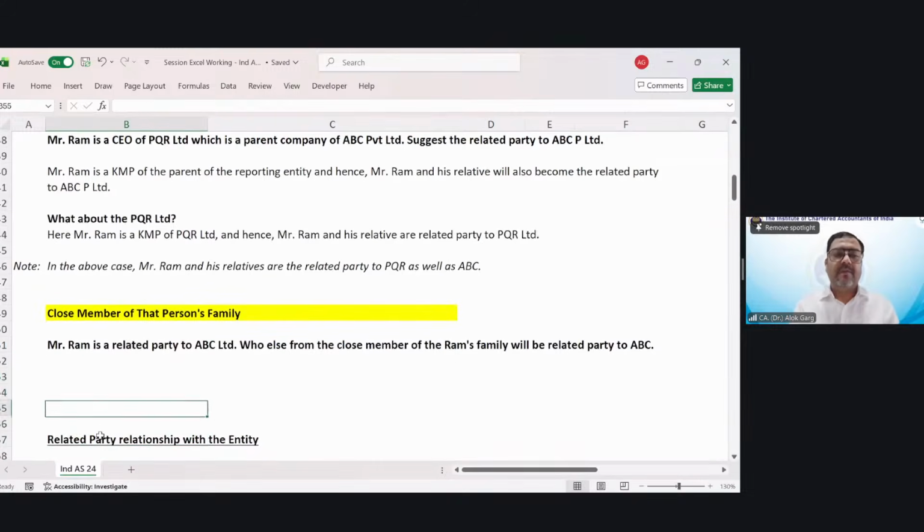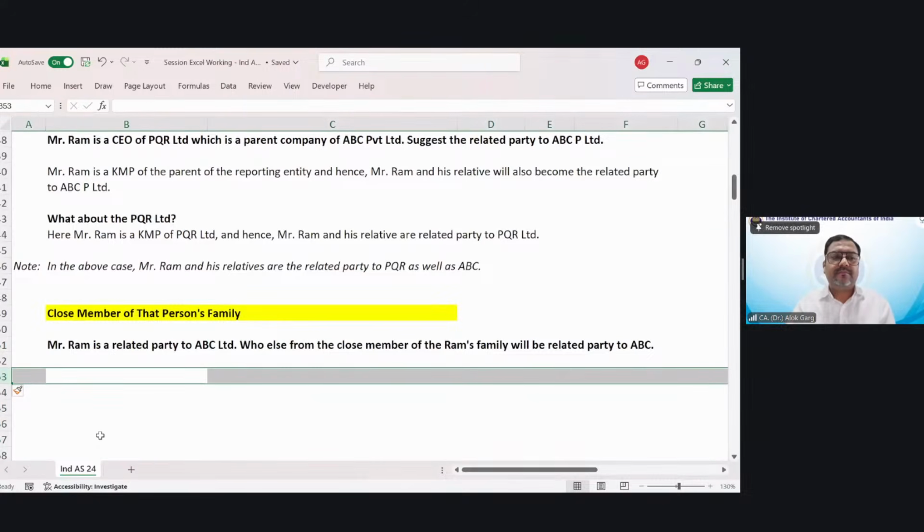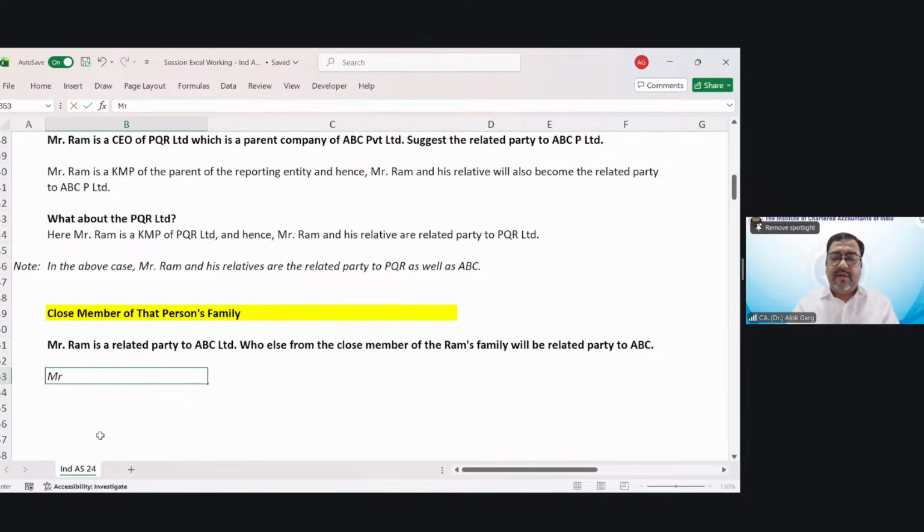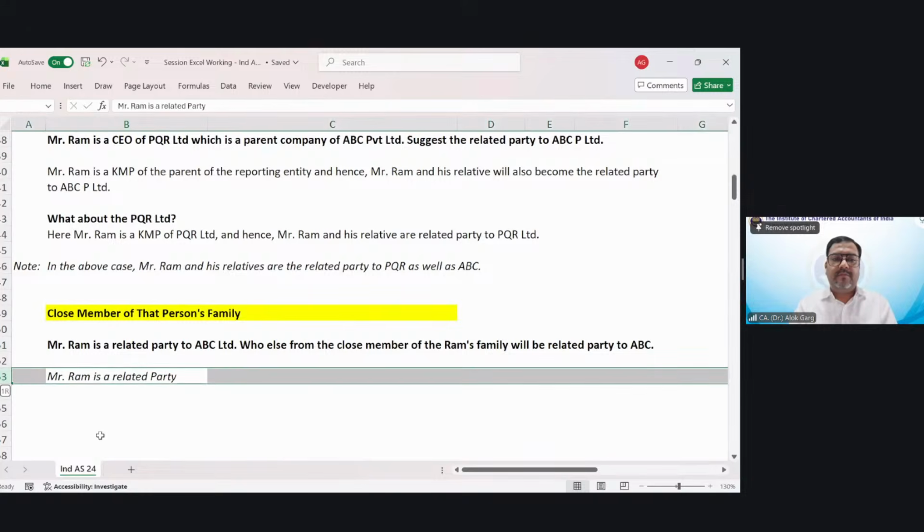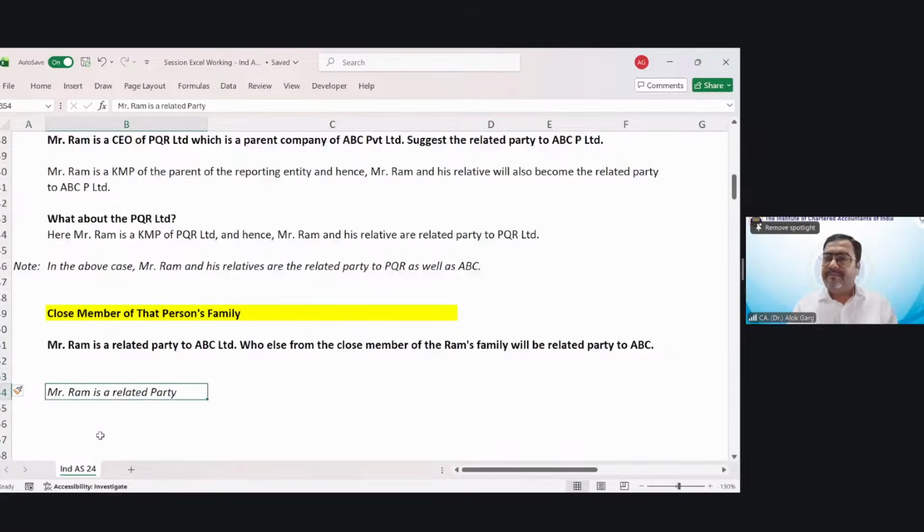Now, Mr. Ram is a related party, right? So here Mr. Ram is there.